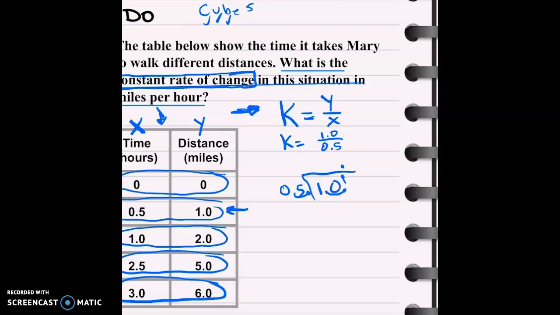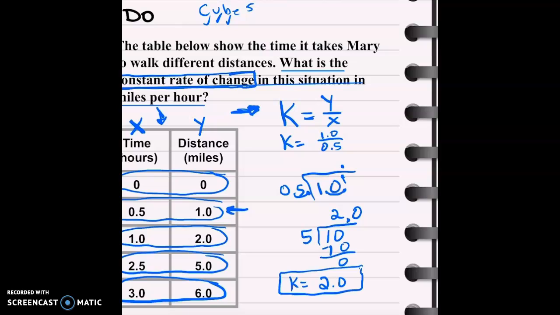Now I have 10 divided by 5. How many times does 5 go into 10? 2 times. 2 times 5 is 10, and 10 minus 10 gives me 0. Therefore, my constant rate of change, which is k, would equal 2, and that is my answer.